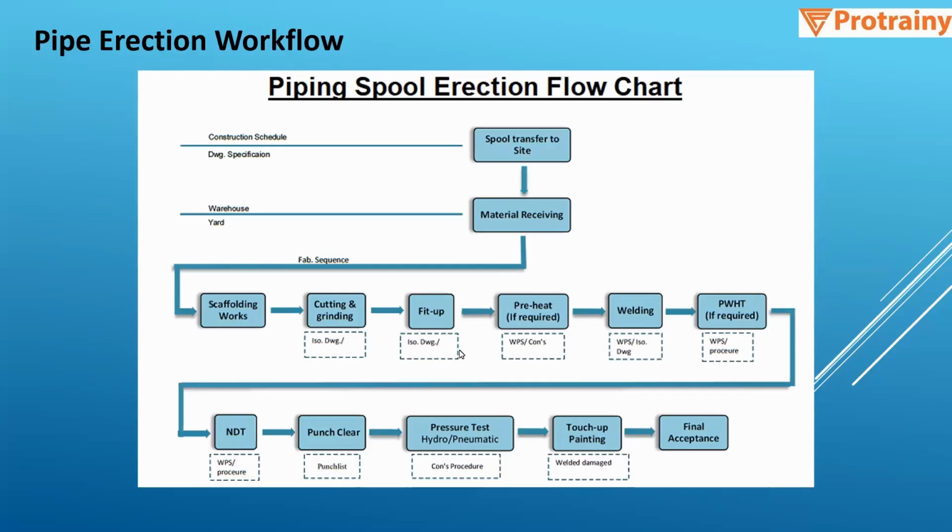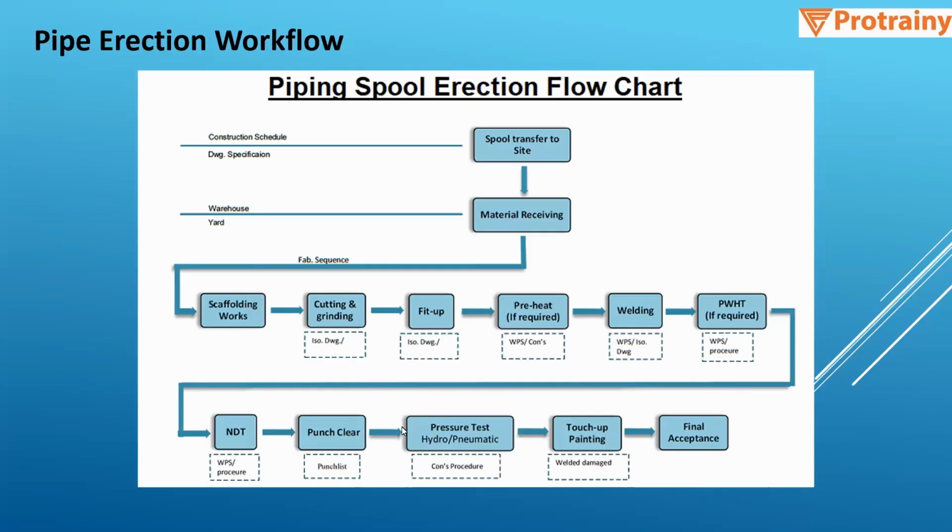After that, if required, we will be applying preheat and welding the pipes. After that, we'll be doing post welding heat treatment if required, and then after that we'll be doing the NDT, non-destructive test, and then punch list clearance is there.